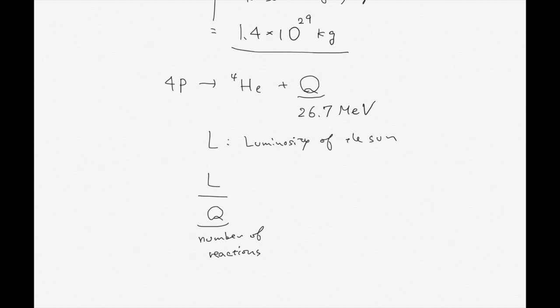In every reaction, 4 protons are removed, so you have to multiply by 4. The 4 comes from these numbers. And you have to multiply by the mass of the proton.